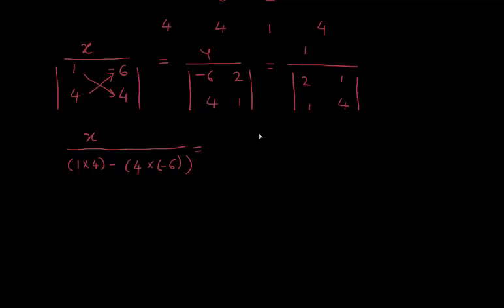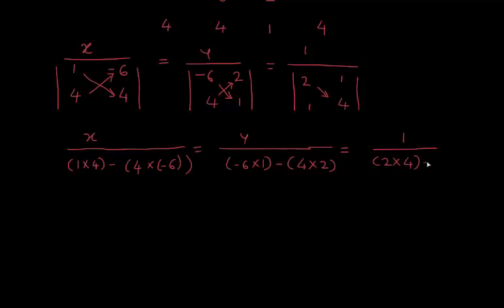Similarly for y, we have to cross multiply. First we multiply minus 6 and 1 and then subtract the multiplication of the other two terms, that means 4 into 2. And that must be equal to 1 upon the cross multiplication of the last pair, 2 into 4 minus, in the bracket, 1 into 1.